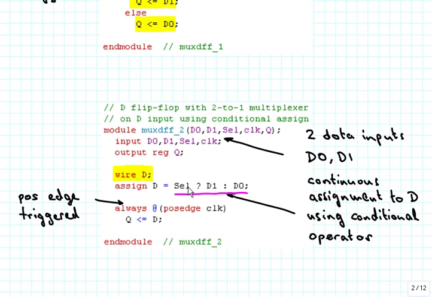When select is low, then D becomes D0. And then at the positive edge of the clock here, so this is positive edge triggered, we then read D into Q of the flip-flop, and that gets stored then in the flip-flop.